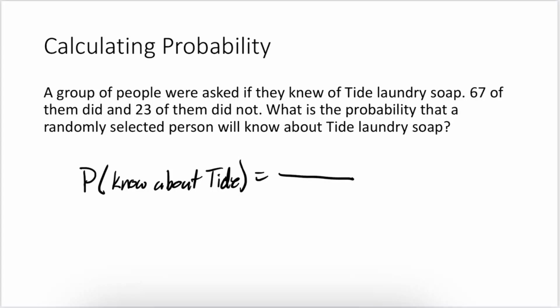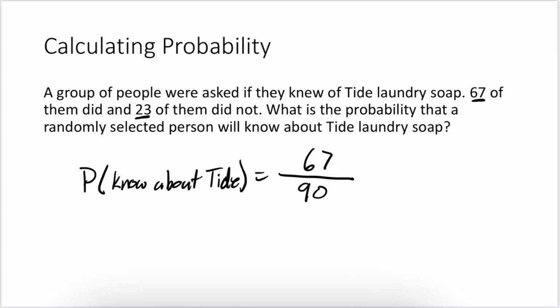So the total number of people that were asked this question is 67 plus 23. And so there's a total of 90 people who were asked if they knew about Tide laundry soap. So that's the total number of possible outcomes. And then the number of favorable or desired outcomes, or those people who know about Tide, would be 67.